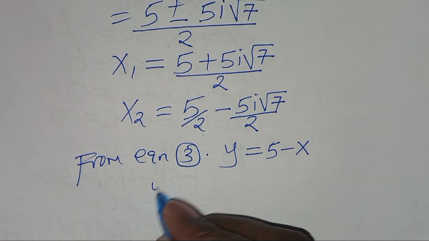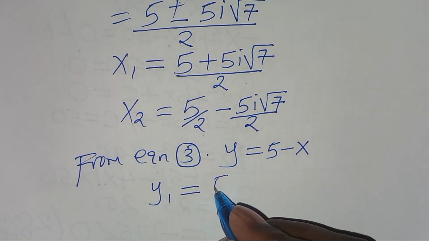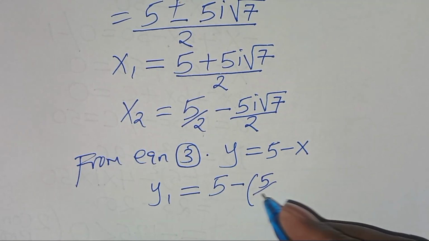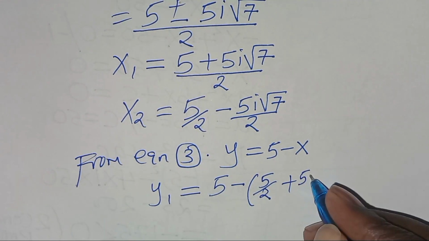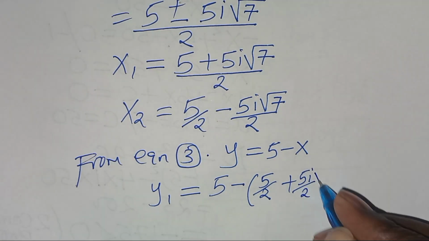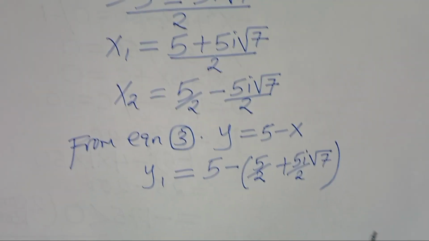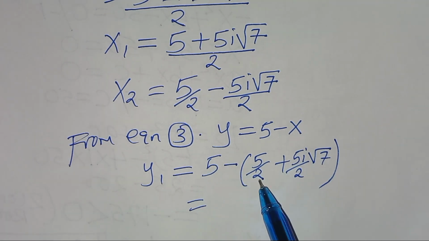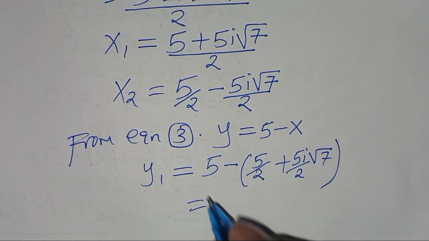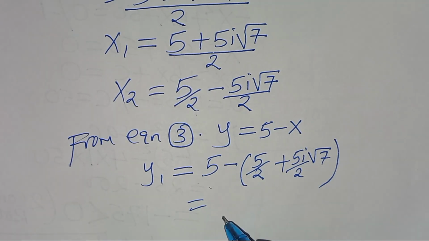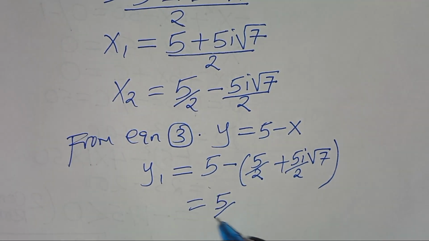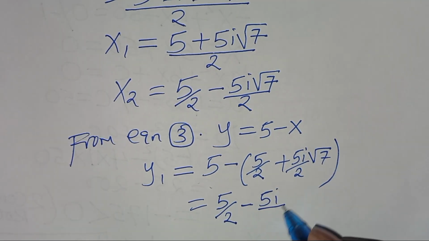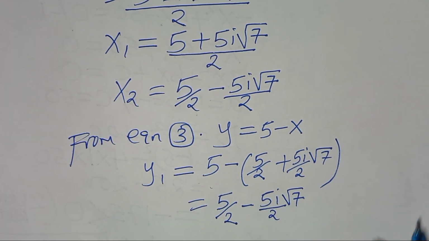So that implies that y1 is equal to 5 subtract x1, which is 5 over 2 plus 5I divided by 2 square root of 7. And this is the same thing as 5 minus 5 over 2, which is the same thing as 5 over 2 subtract 5I divided by 2 square root of 7.